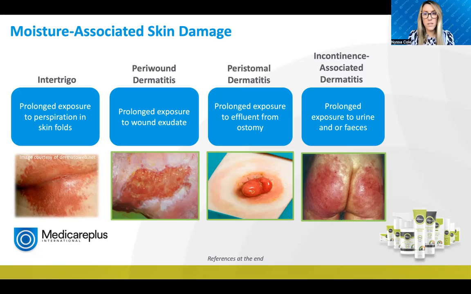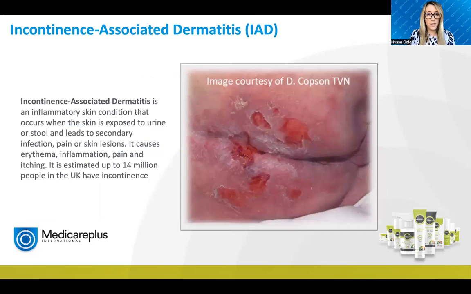And then we have incontinence associated dermatitis, obviously that prolonged exposure to urine or feces. And if we have that double incontinence, then we're significantly increasing that risk of causing further damage to the skin.